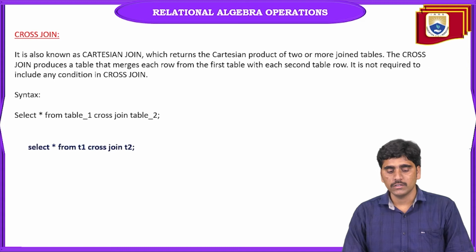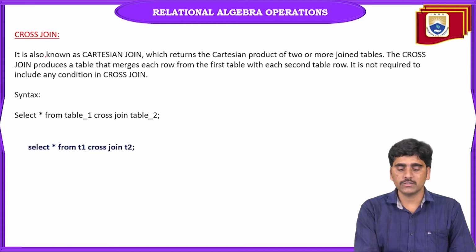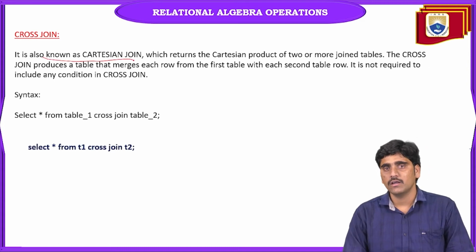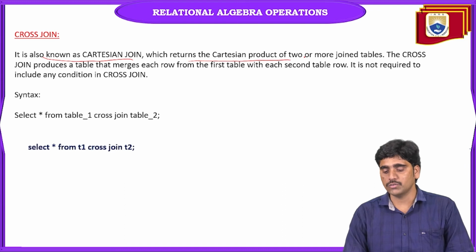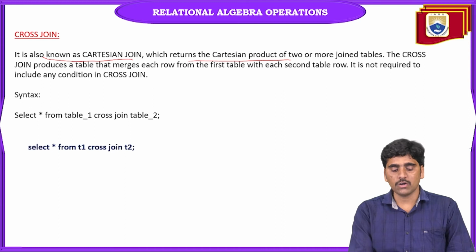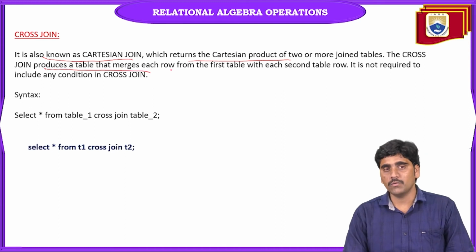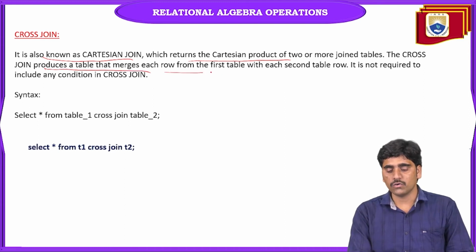Cross join. Cross join is also known as Cartesian join or Cartesian product join, which returns the Cartesian product of two or more joined tables. The cross join produces a table that matches each row from the first table with each row of the second table.